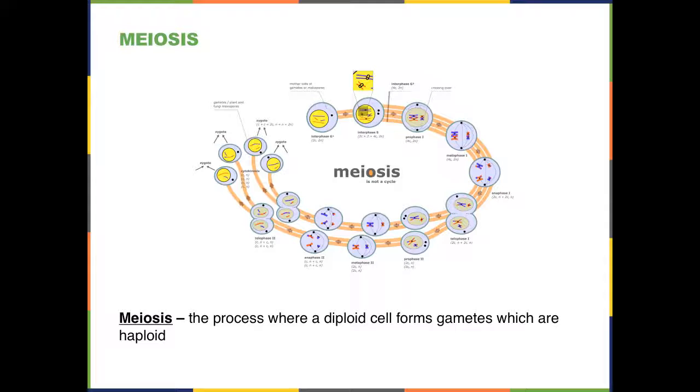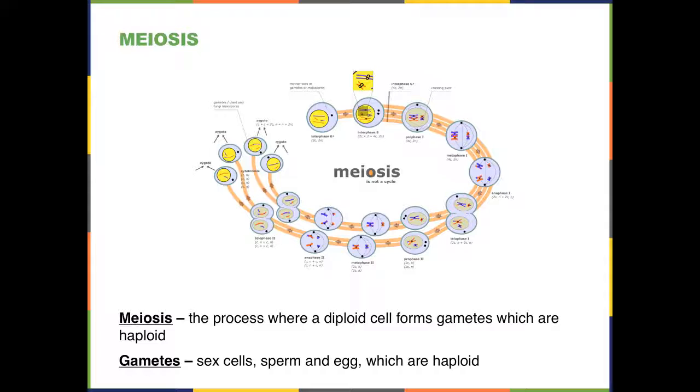You remember that diploid means there are homologous pairs of chromosomes. A haploid cell means there are not homologous pairs. There's only one homolog from each chromosomal pair in each gamete. So we're going to go through the process and show how this comes about.